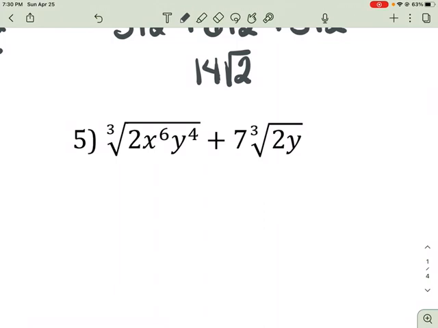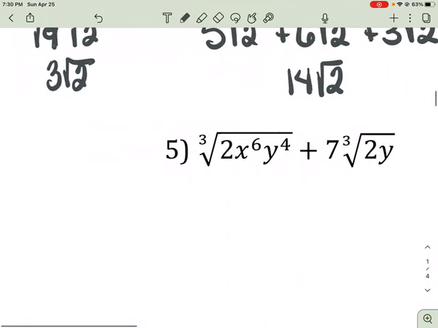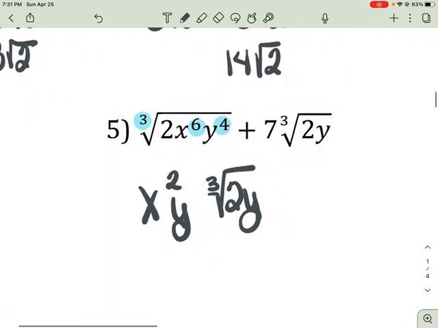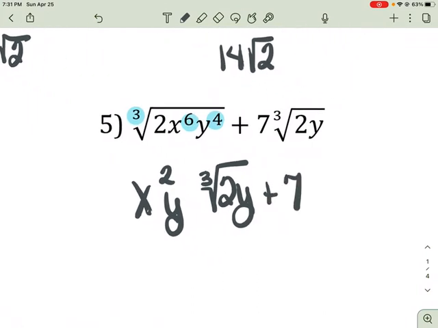Okay. Whoa, that looks like a lot, but it's not really. They're both cube roots, so we may be able to add them if the first one reduces down to 2y. So again, we're going to use our shortcut. 3 goes into 6 twice, with no leftovers. 3 goes into 4 once with 1 left over. And the 2's still underneath, so there we go.